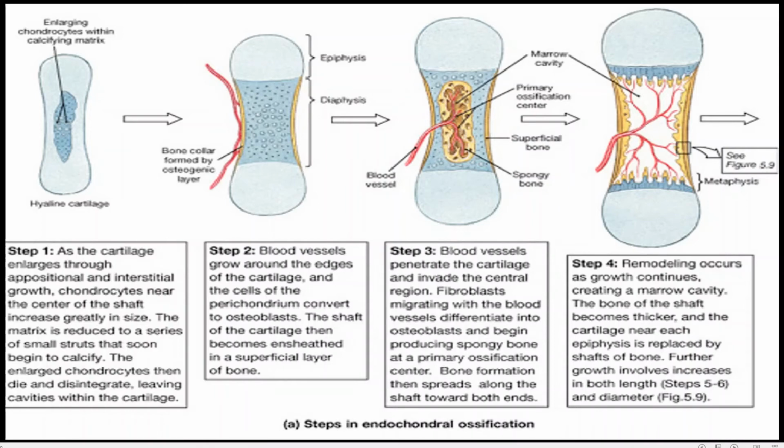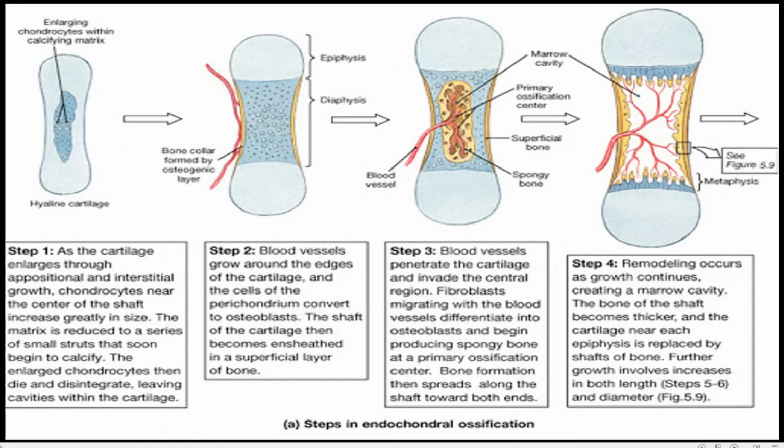Then the secondary ossification centers develop somewhat later by a similar process in the epiphysis. The primary and secondary ossification centers are separated by the epiphyseal plate, which provides for continued bone elongation. The two ossification centers do not merge until the epiphyseal plate disappears when full stature is achieved.